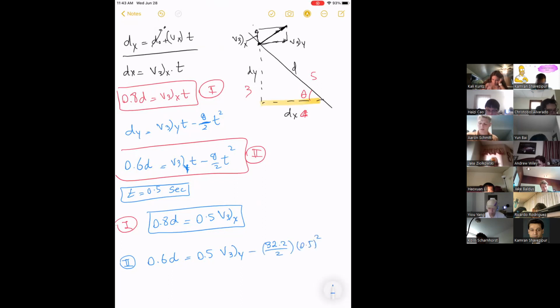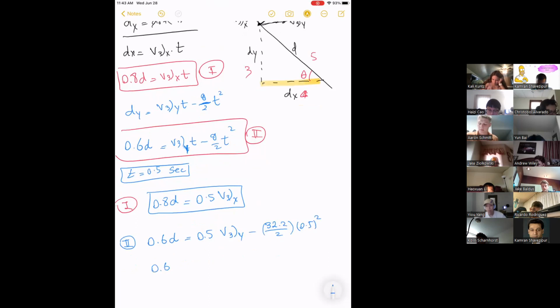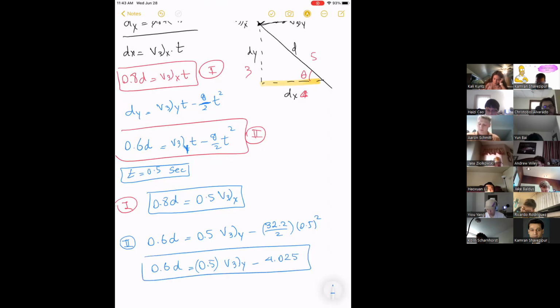And if you calculate 32.2 divided by 2 times 0.5 squared, it's going to be 4.025. This is the new equation 2, and this is the new equation 1.